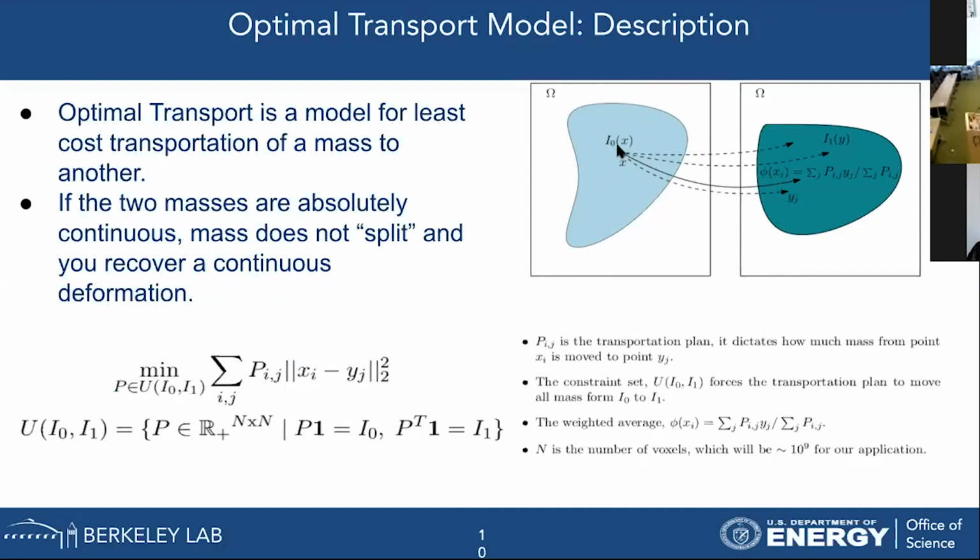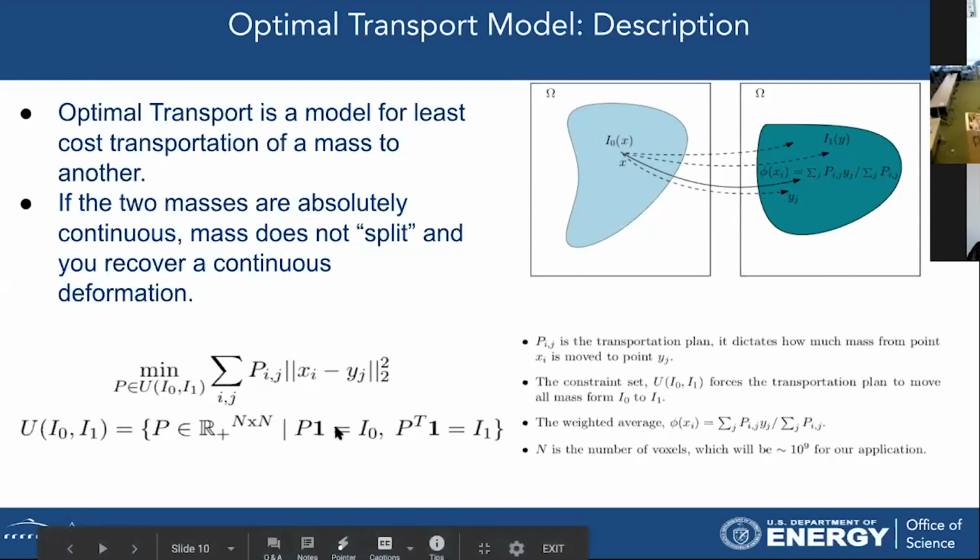So from the point x, we're going to be transporting a certain amount of mass to every other point yj. And this can go anywhere it wants in the other domain. We're going to eventually define our deformation field as the weighted average of them. But what we'd like to solve for is P, which is called the transportation plan. And that dictates how much mass from the point x gets transported to the point yj.